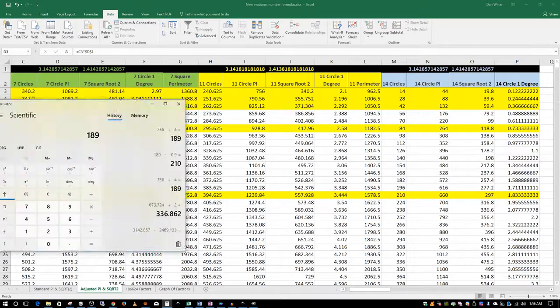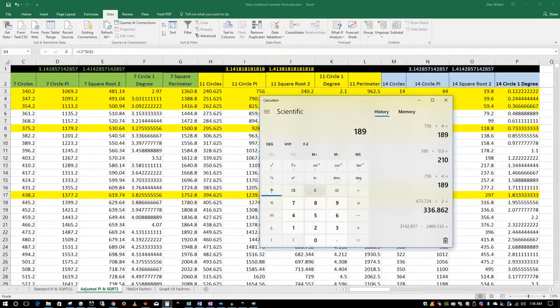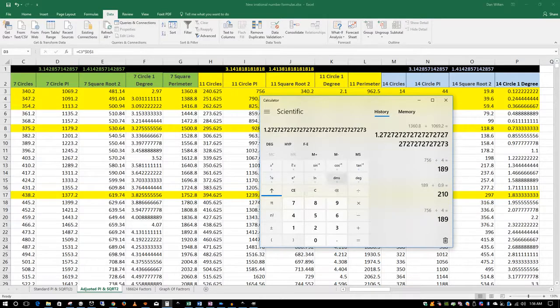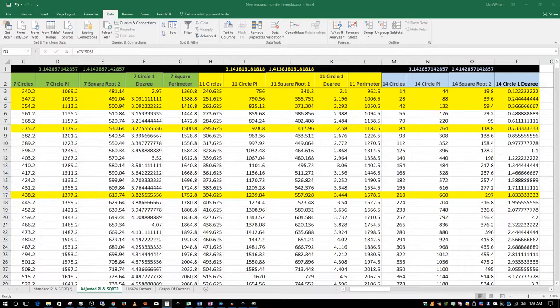So if I take this number here and divide it by 1069.2, you can see I get the square root of phi. So this would be basically the same as 14 over 11, something like that.